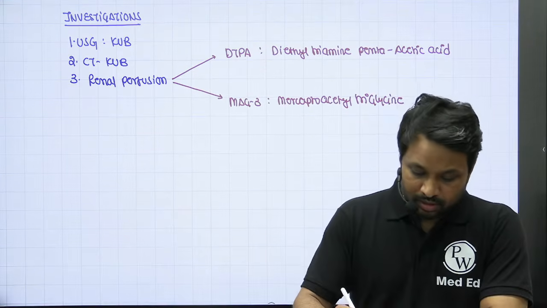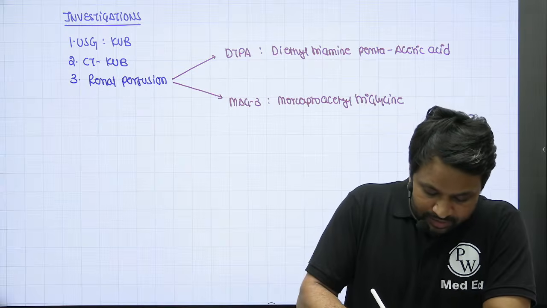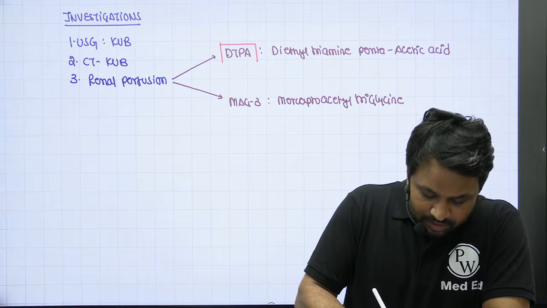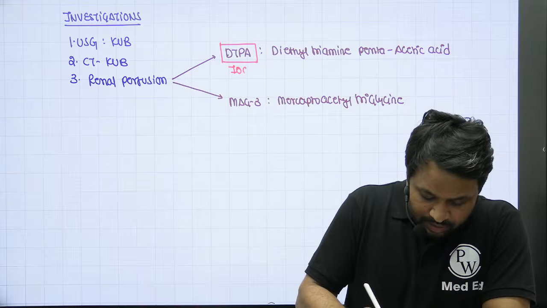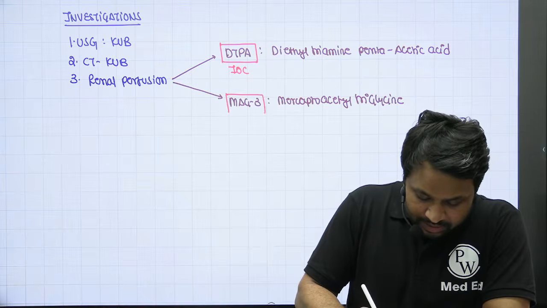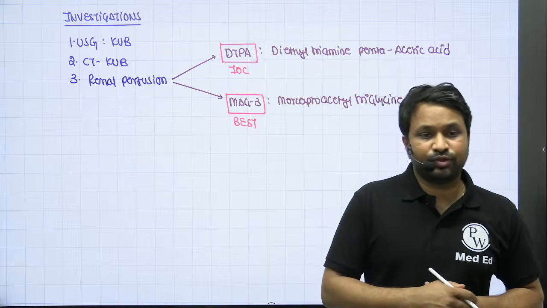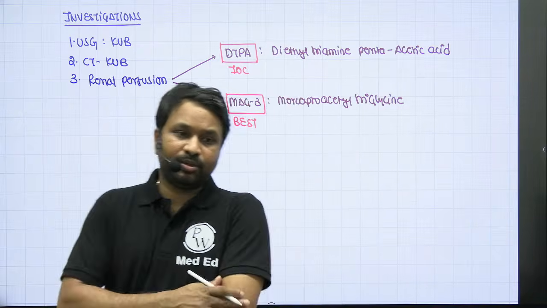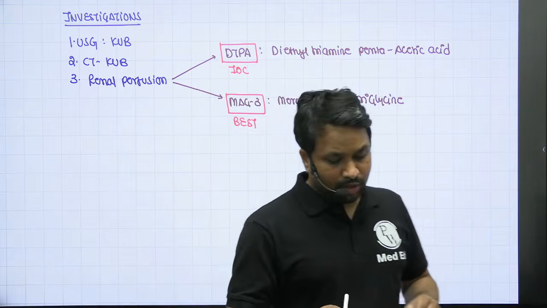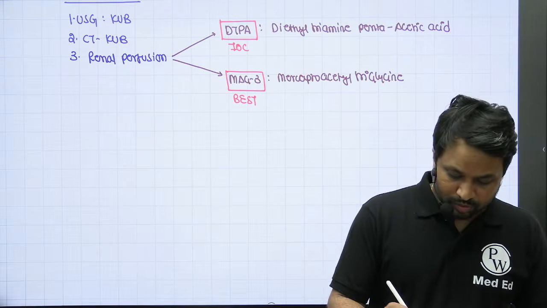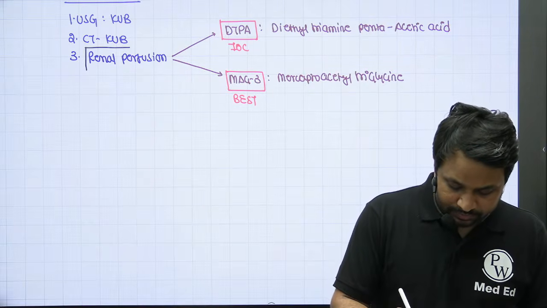Now remember, in terms of investigation, DTPA becomes the investigation of choice for renal perfusion. MAG3 is the best investigation for renal perfusion. So diethylenetriamine pentaacetic acid. Now, in order to assess the renal perfusion, you will usually prefer a DTPA scan.